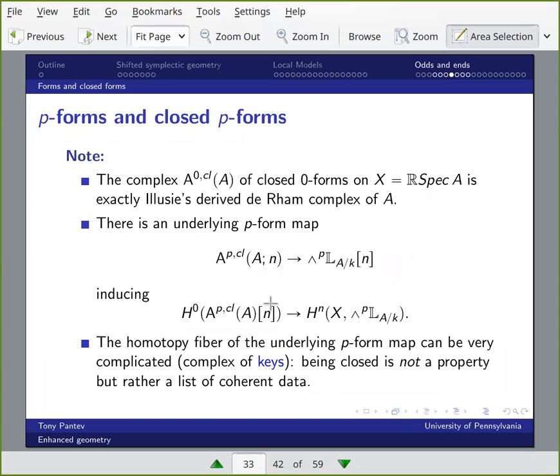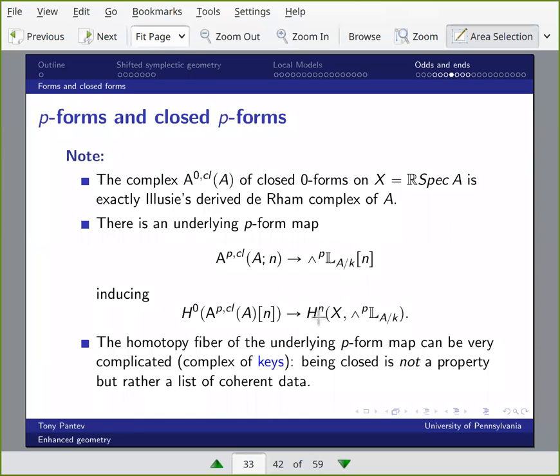And if you look at co-cycles rather than co-chains, so global sections or global cohomologies, then the co-cycle corresponding to an n-shifted closed P form goes to a degree n cohomology class with coefficients in the P-th power of the cotangent complex. And the fiber of that map is the complex of keys, which could be trivial or non-trivial.